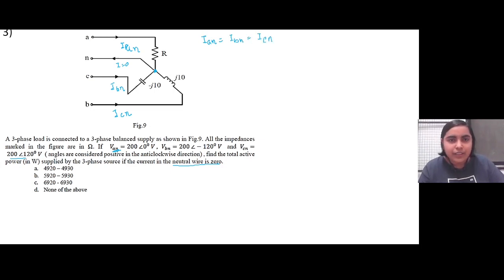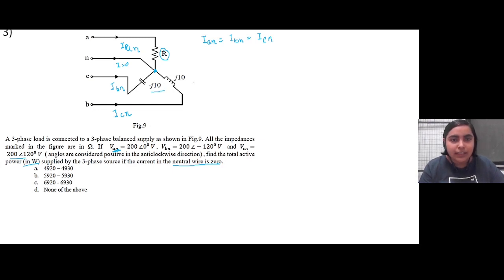Now why are we doing this? Because this resistance is unknown. Until we calculate this resistance, we cannot calculate the total power. Since we have to calculate it in watts, we have to calculate only the power of the resistive branch.